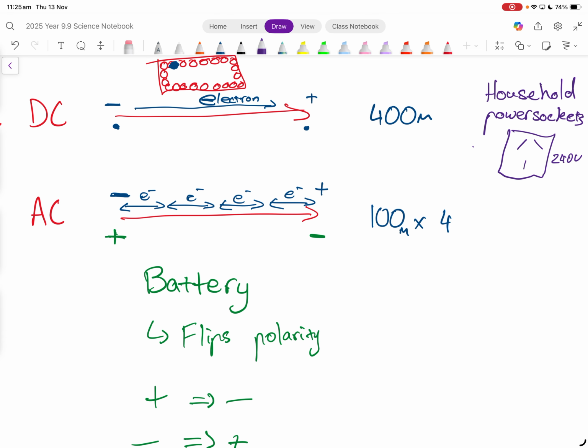That is DC. Now, we supply electricity from the power station. I couldn't even draw a power station if I tried, but box, there's a power station. Don't ask any questions about it. And what happens is there's lots and lots of voltage there, okay?